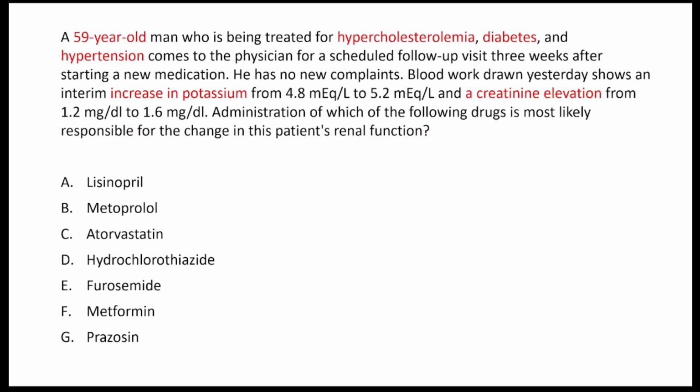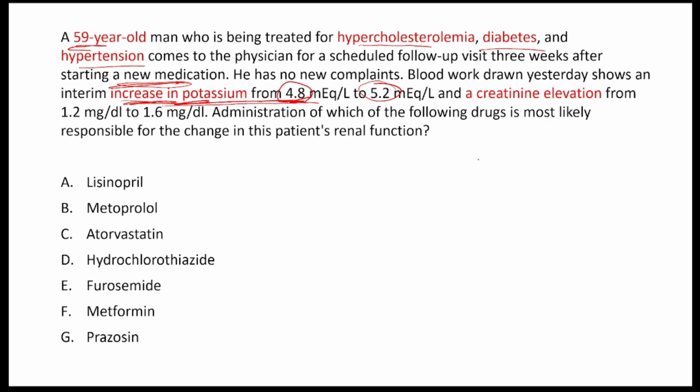Okay, here we have a 59-year-old patient suffering from hypercholesterolemia, diabetes, and hypertension, who comes to the clinic for a follow-up visit 3 weeks after starting a new medication. The blood work is done, and the results show the potassium level was 4.8, and then increased from 4.8 to 5.2.